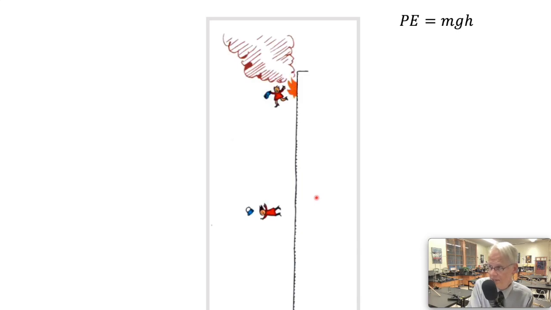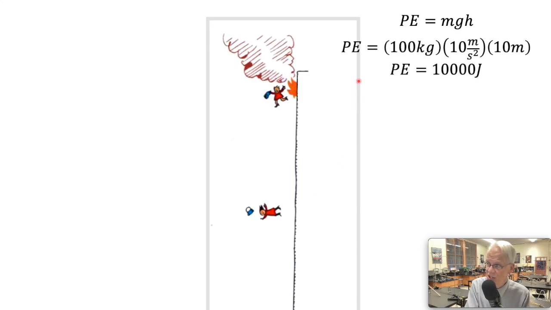For simplicity's sake, let's say she has a mass of 100 kilograms. Let's use g as 10 meters per second squared, and let's say she's 10 meters above the ground. That means she has a potential energy of 10,000 joules. Her velocity at this point is 0, so she has no kinetic energy.